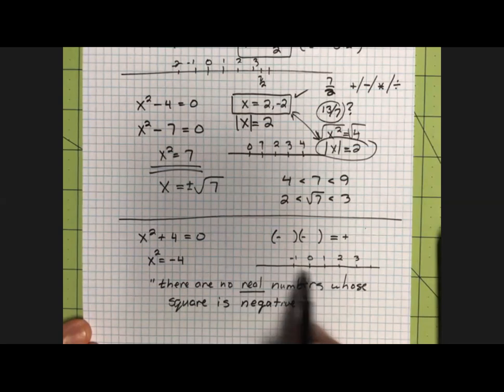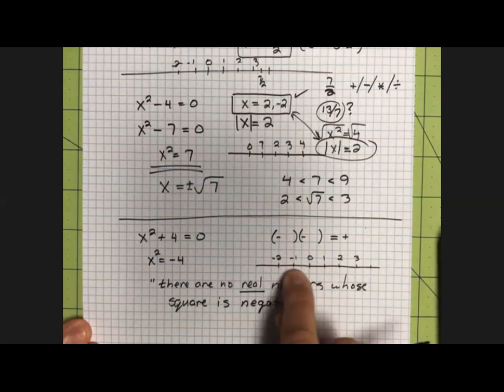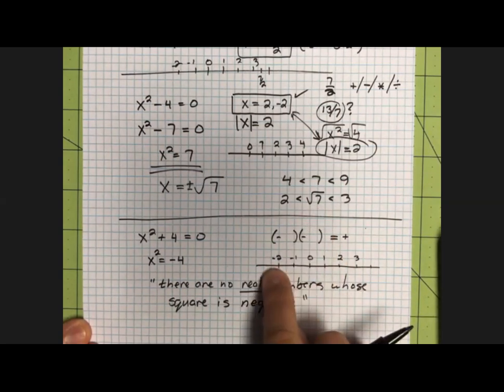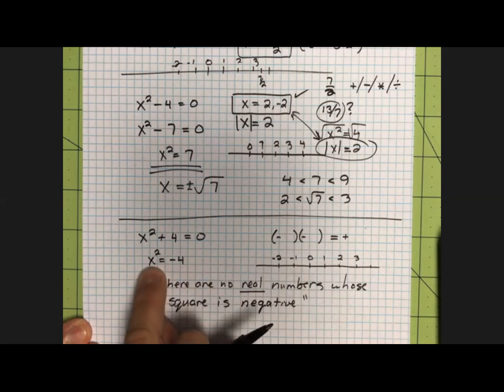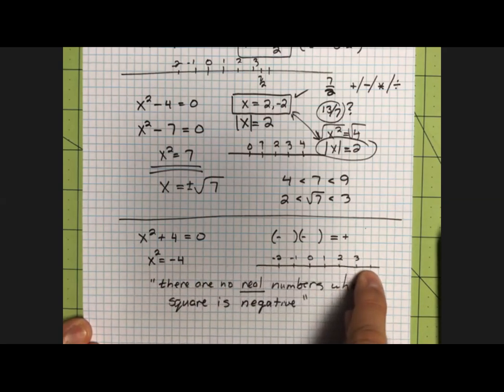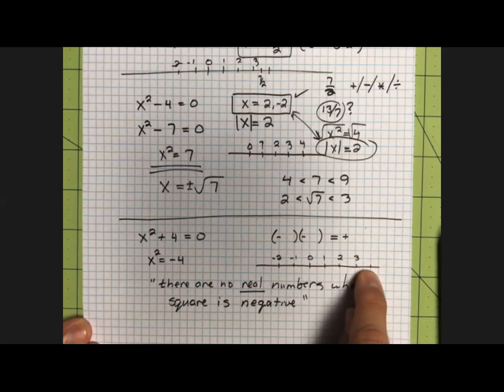You had to invent fractions. It wasn't going to be one of these happy tick marks on this line. And then the square root of 7 wasn't even going to be one of the fractions on this line. Well, if I find a number whose square is minus 4, it's not going to be on this line at all. Because any one of the positive numbers I square, I get a positive result.